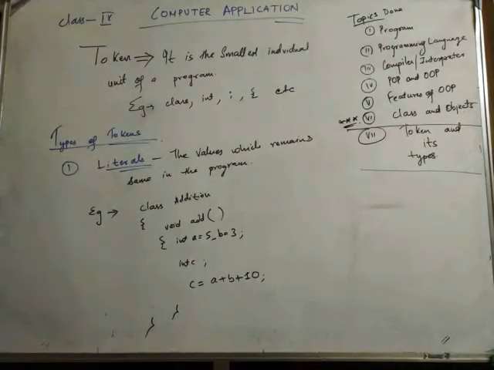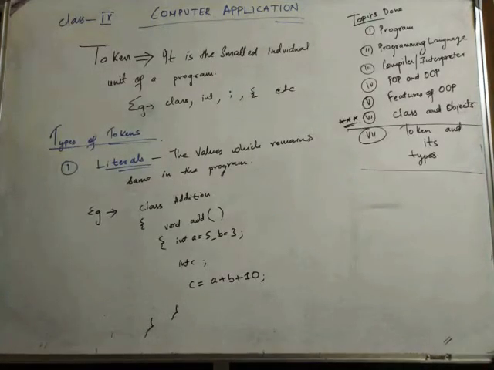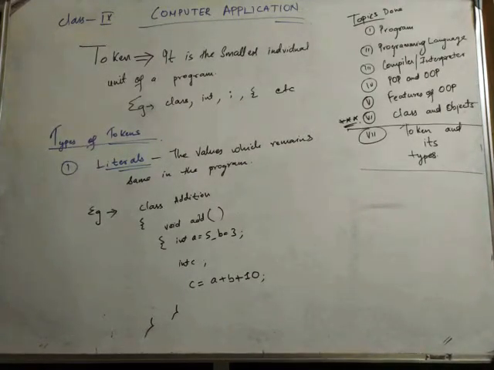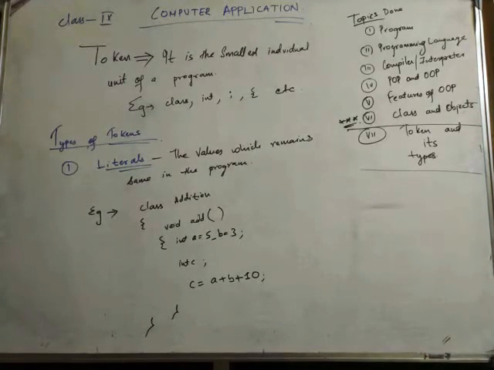So I've taken int a and b as variables. These alphabets which are storing values are called variables. So a and b here are of data type int, they can store whole number values. So a is storing 5, b is storing 3.